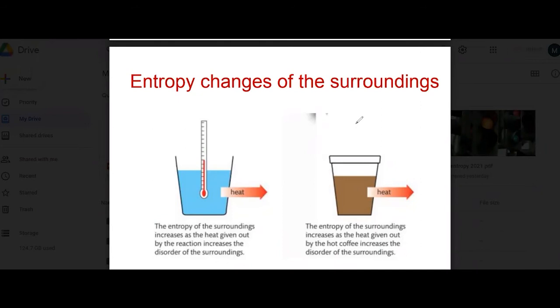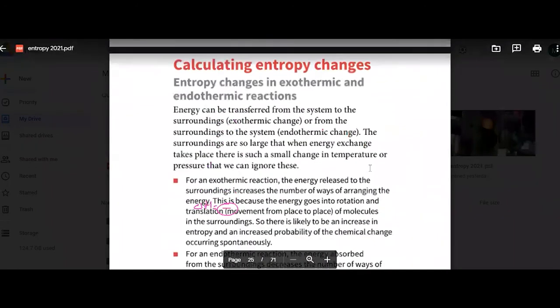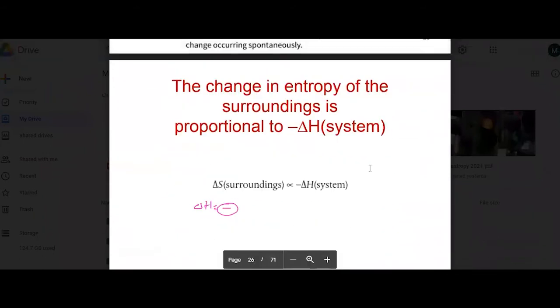The surroundings will receive heat, right? For the system, the delta H is negative since this is an exothermic reaction. But the surroundings receive or gain energy. So now we can see that the entropy change of the surroundings will be proportional to the delta H of the system.